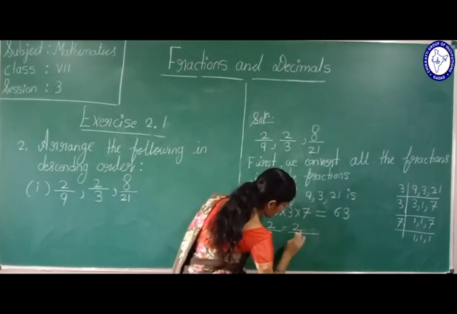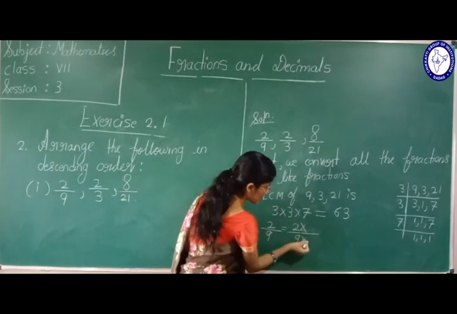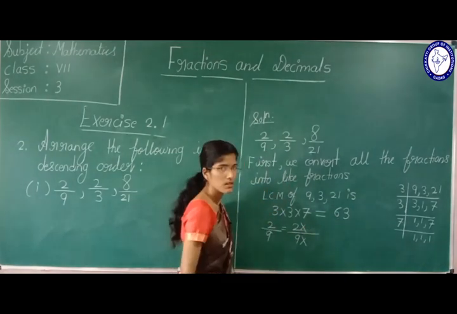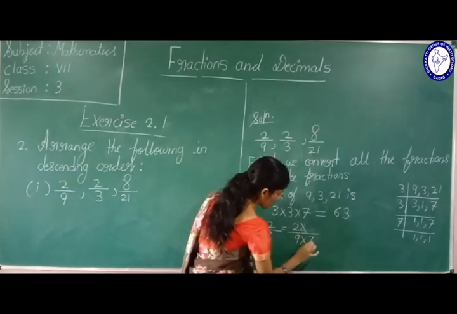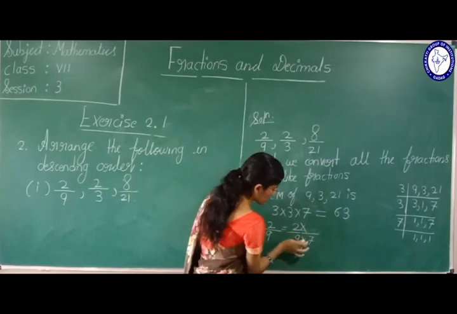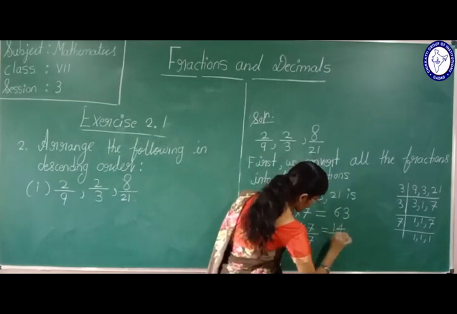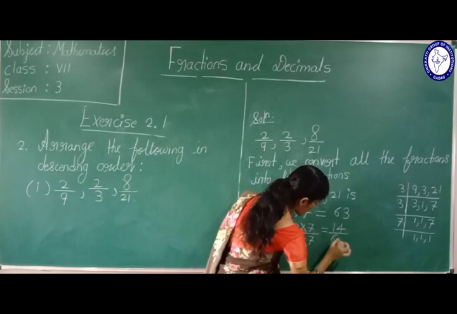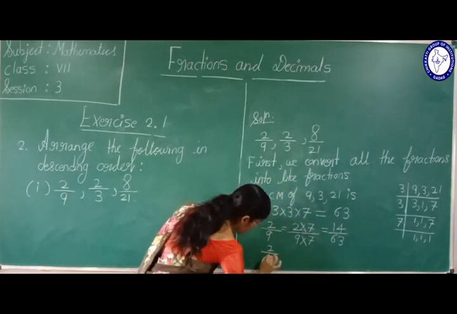Okay, we will convert these into like fractions. 2 by 9. Say 9 multiplied by what will give 63? 7, no? 9 7s are 63. Here multiply both numerator and denominator by 7. 2 7s are 14, 9 7s are 63. Next is 2 by 3.